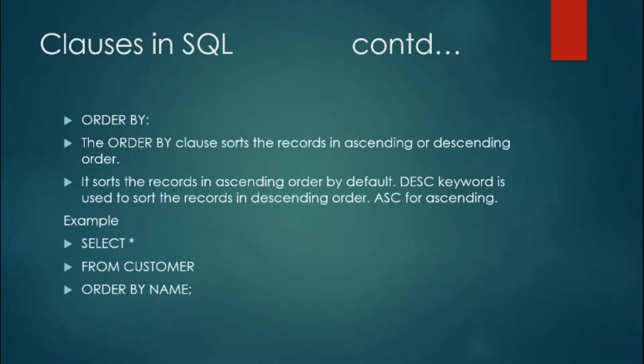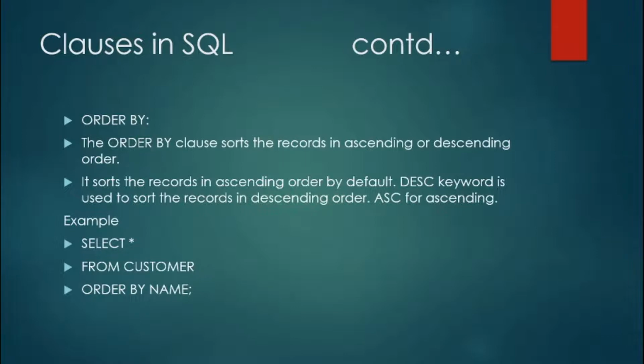Now let's see order by. Order by will sort your records in ascending or descending order, on the basis of whatever sorting criteria you select. If you are not supplying any sorting criteria, it will sort in ascending order by default.